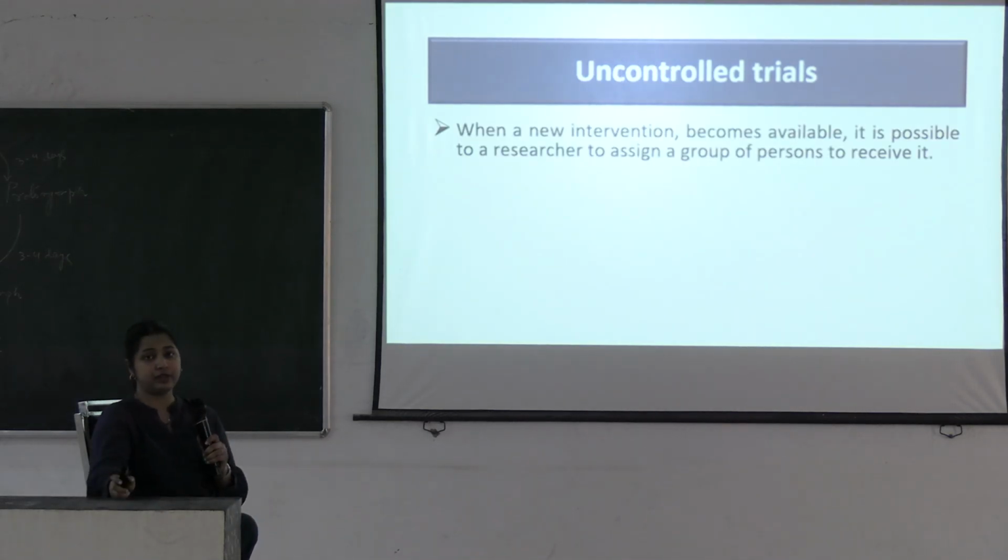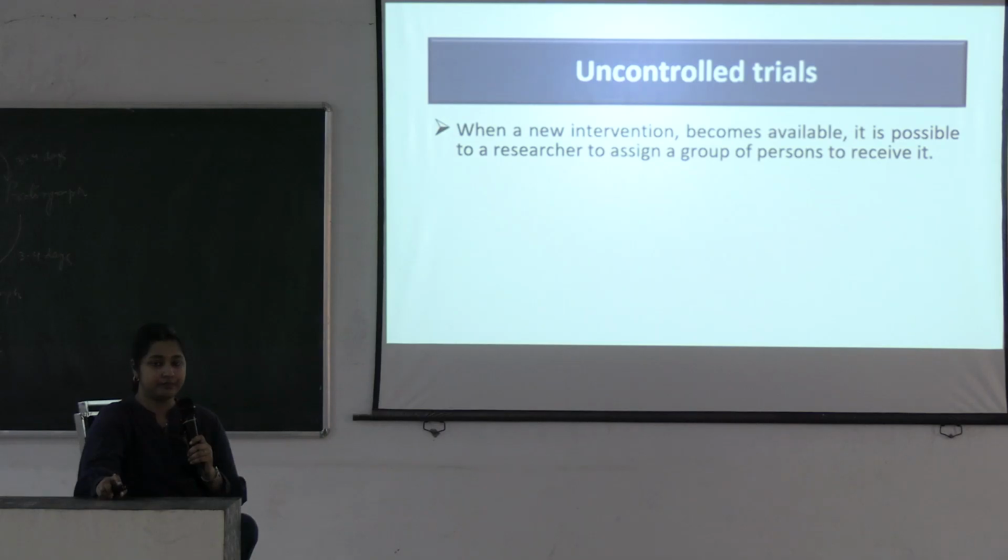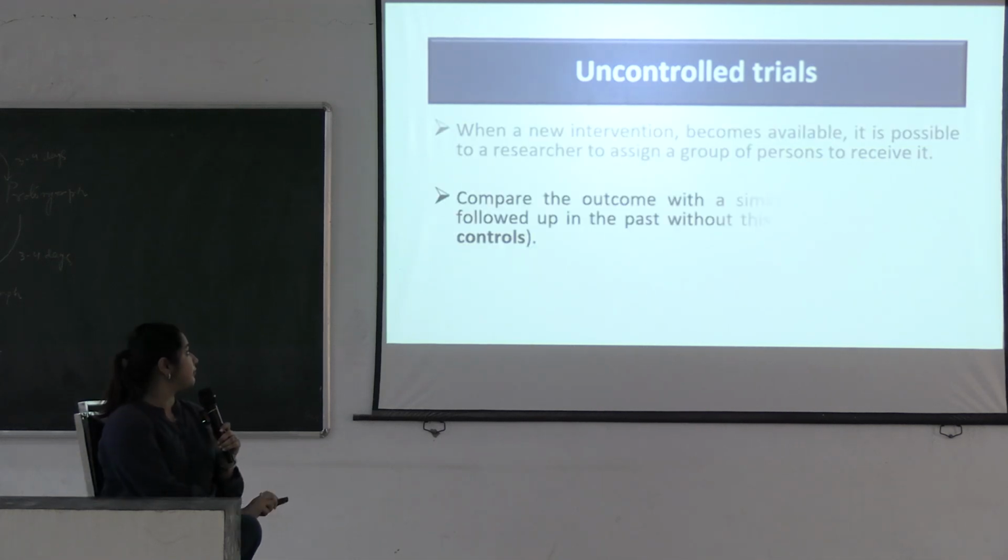One type of non-randomized trial is the uncontrolled trial, where there is no control group. When a new intervention becomes available, it is possible for a researcher to assign a group of persons to receive it. Means you are taking no control group, but you just want to test the effect of a new intervention on a number of people. That is the uncontrolled trial.